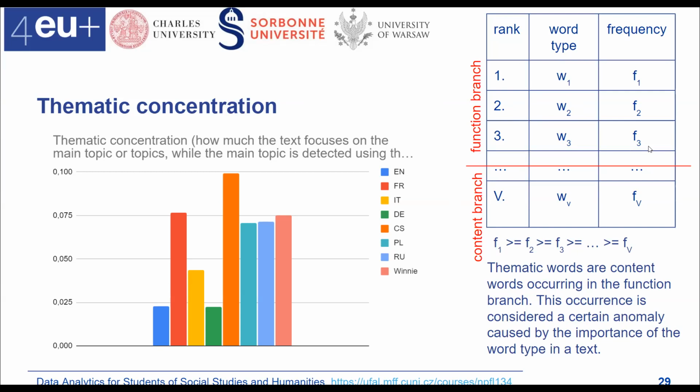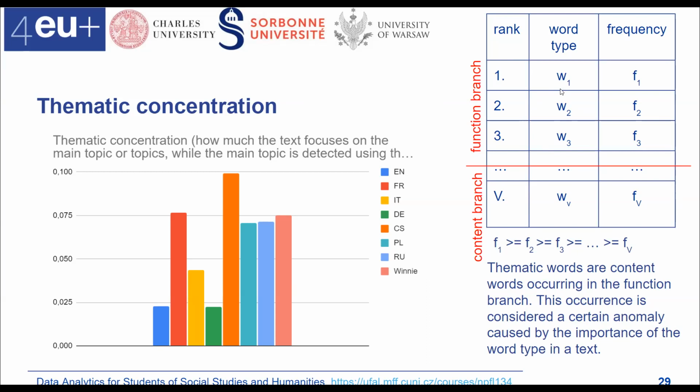And Quitup considers these words thematic words. The occurrence of content words in this part is understood as a kind of anomaly caused by the importance of the word type in a text.